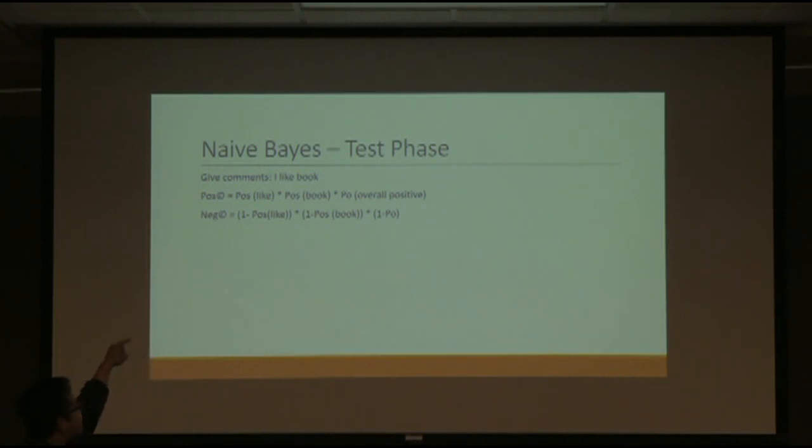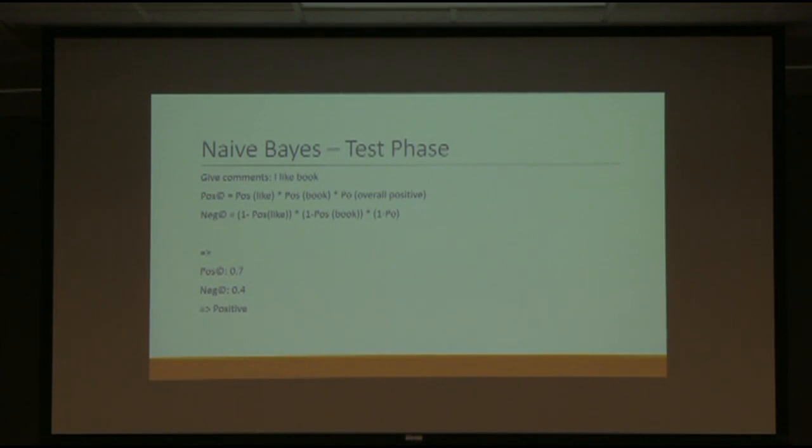And then the negative of that comment will obviously be 1 minus that, times 1 minus that, times 1 minus that, because we already talked about how this is A or B. Is "like" positive or negative? Is "book" negative or positive? So theoretically I can have those two numbers, if I ask the question of another person here. If I got that the positive is 0.7 and the negative is 0.4, which I can do with the data set I have, what does it mean?